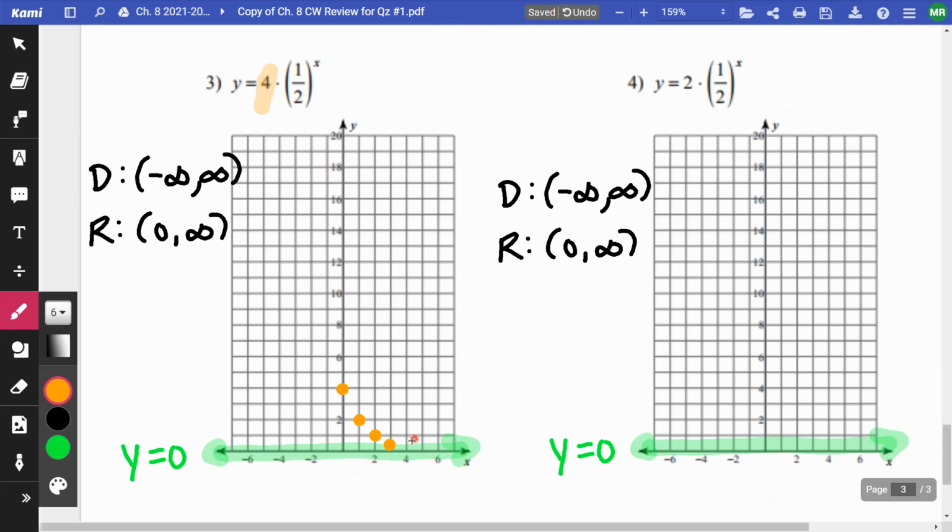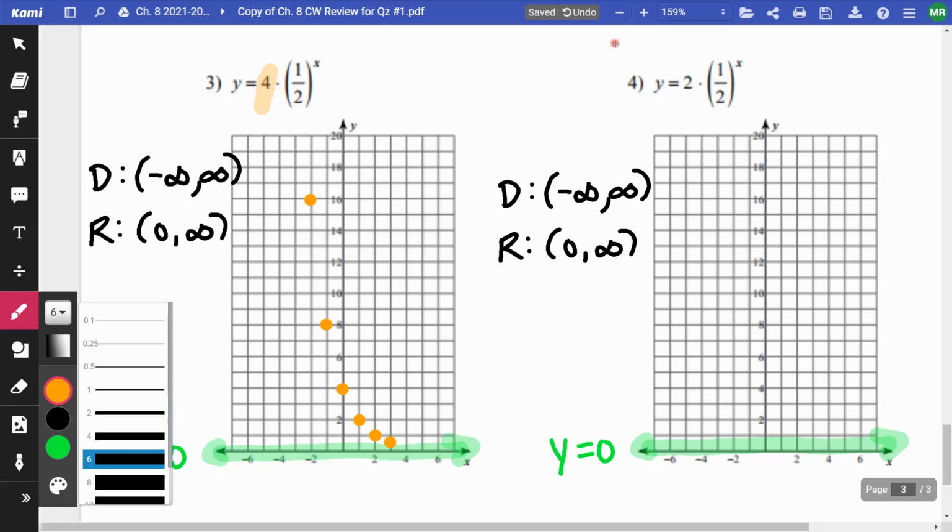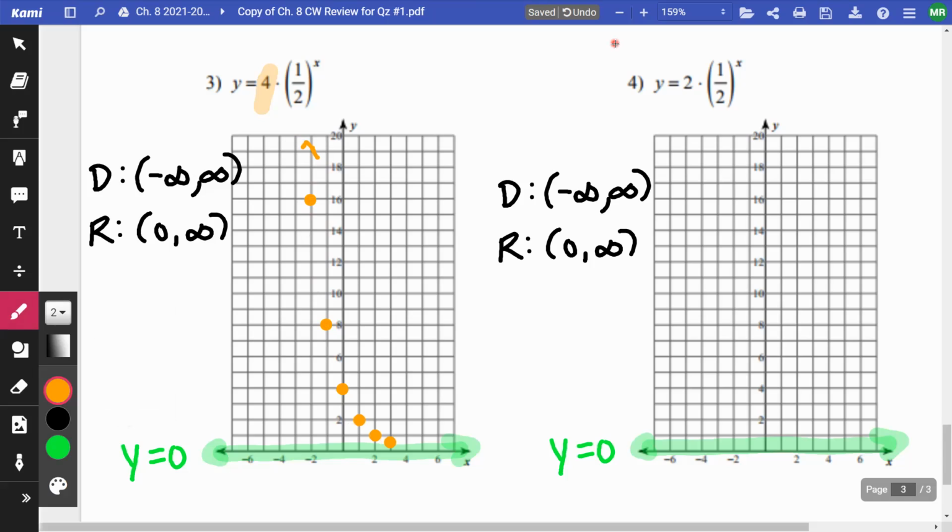Okay. Now going backwards, trying to make it a little higher. Going backwards, if I'm taking half and half and half, I'm doubling going backwards. So if this is at 4, before that would have been 8. Before that would have been 16. Before that would have been 32. And here is my graph.